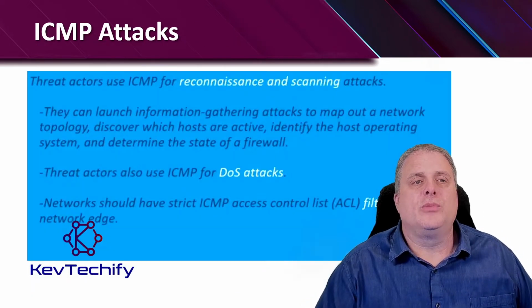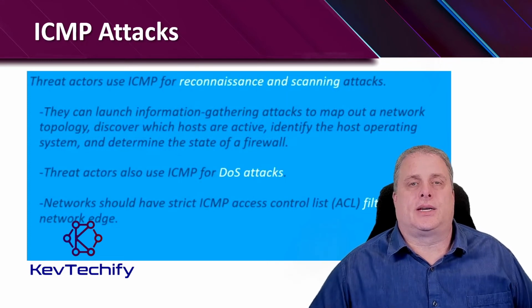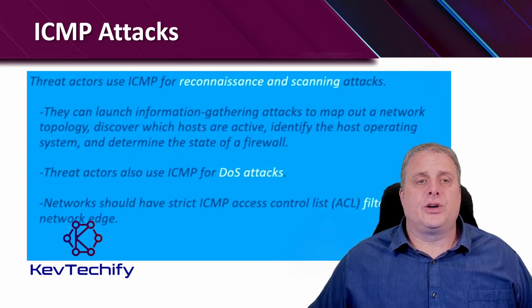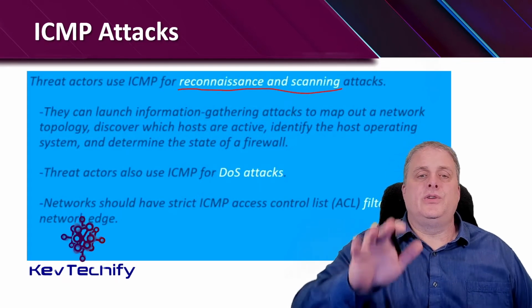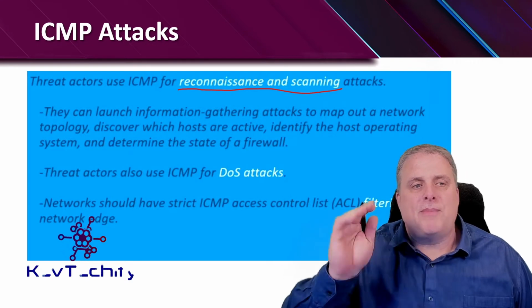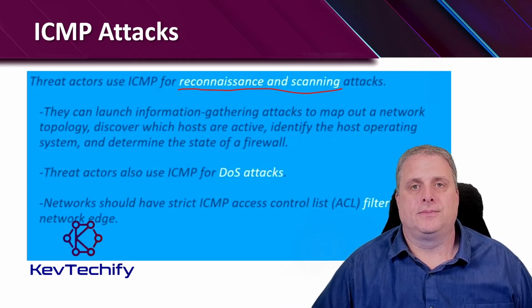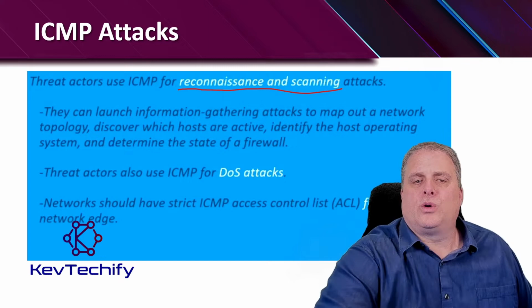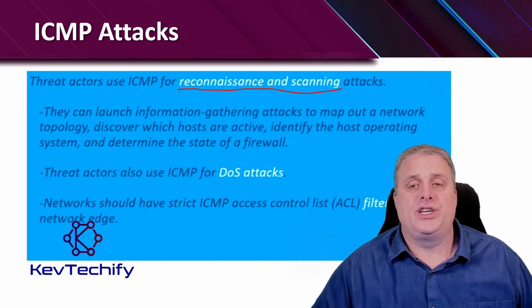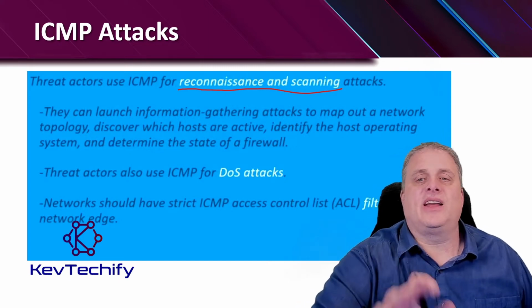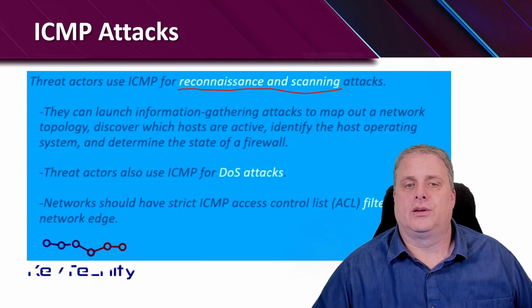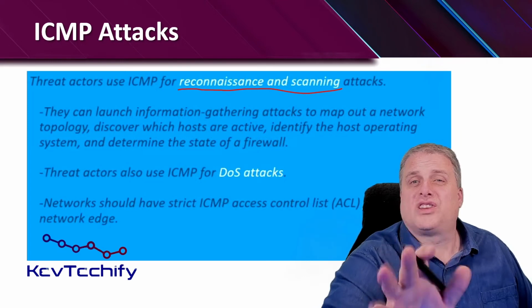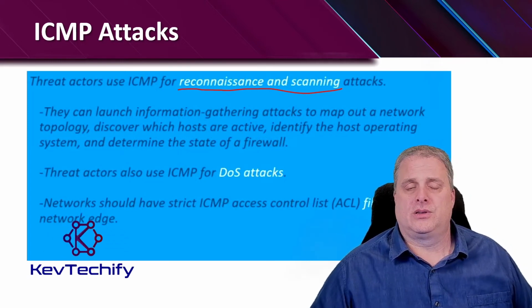So let's dive a little bit deeper into ICMP attacks. Threat actors are going to use ICMP for recon and scanning attacks. This is commonly used for gathering information to map out a network topology, discover which hosts are actually active and reachable, and even identify the host operating system, which is known as fingerprinting, and even see what service pack has been used.